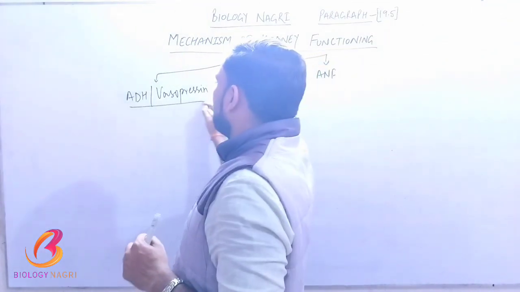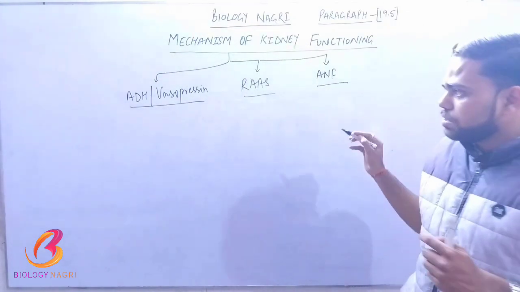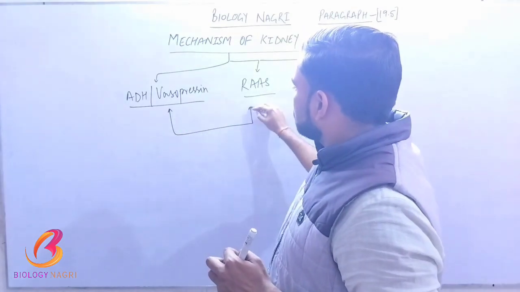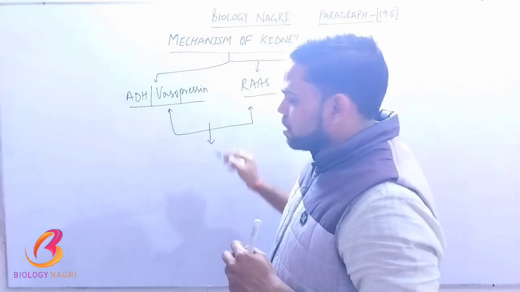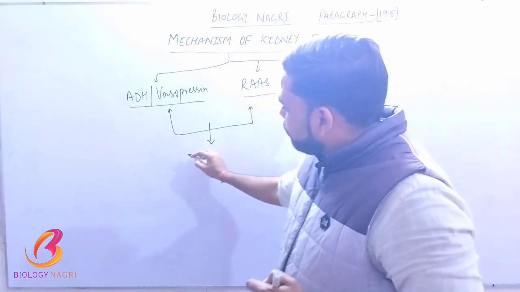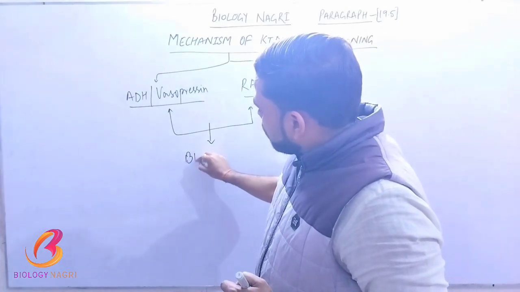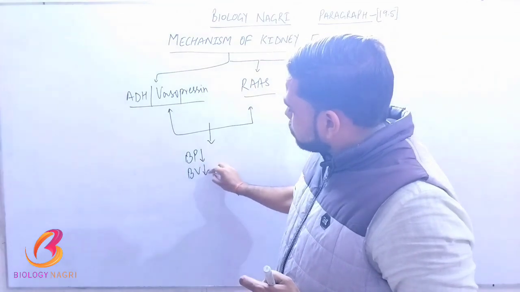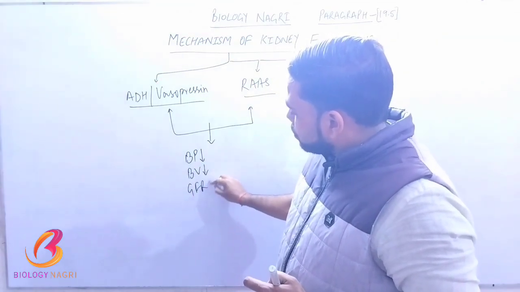Mainly the kidney functions by these three mechanisms, out of which the ADH mechanism and the RAS mechanism activate when there is a downfall in BP, blood volume, and GFR.